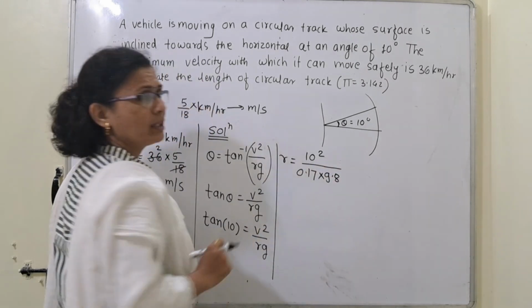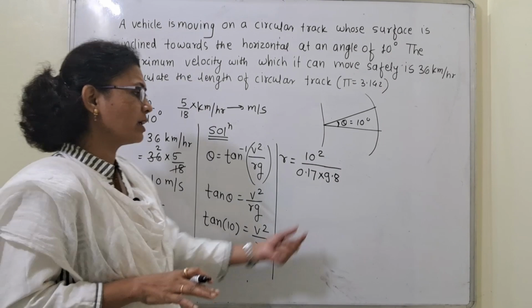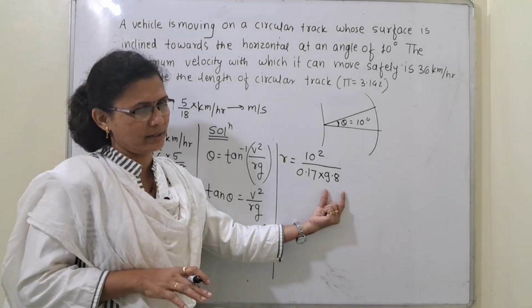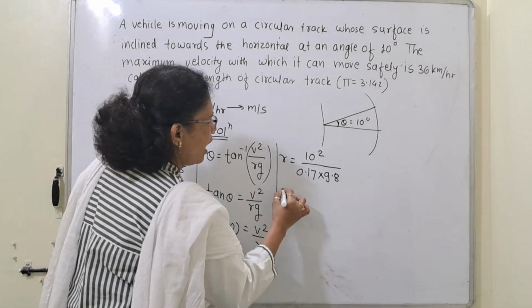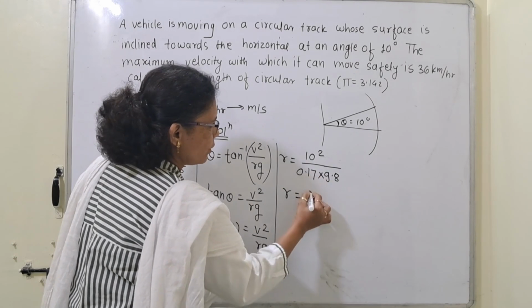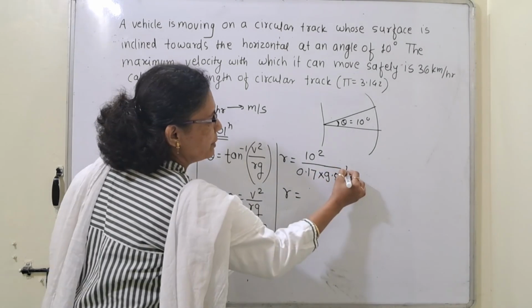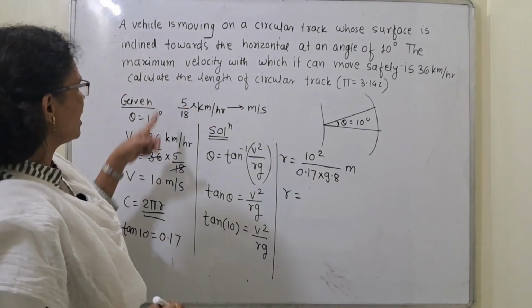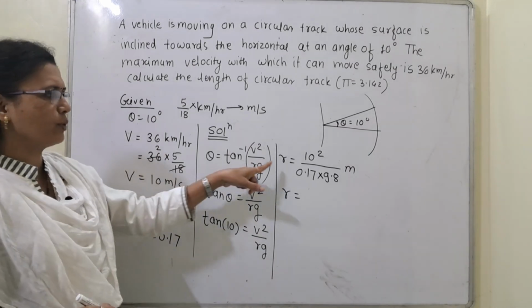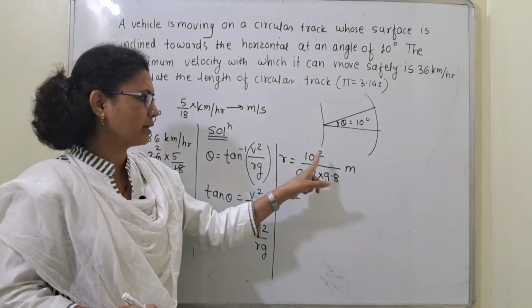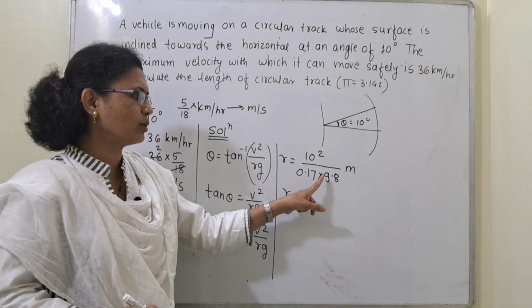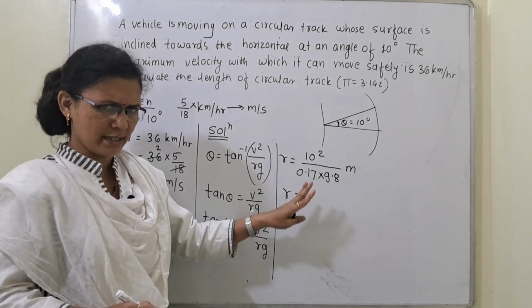But they have not given the value of g, so you have to take it as 9.8. So r will be 10 square upon 0.17 into 9.8. This will be in meters, since all the quantities are in SI units. Keep it as it is.